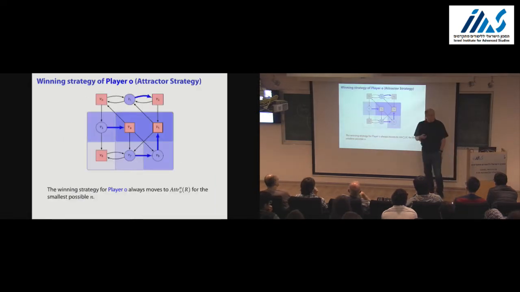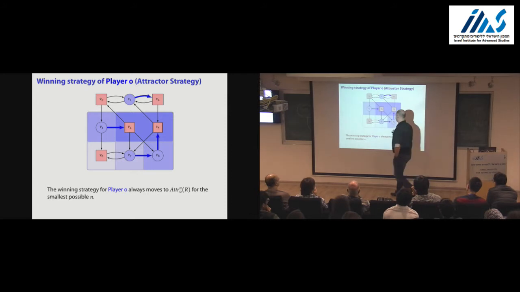Now, the winning strategy for player 0 in this game is called the attractor strategy. It simply means I want to get as close as I can in every step towards the target, meaning that I move to the nth attractor such that the n is as small as possible, right?